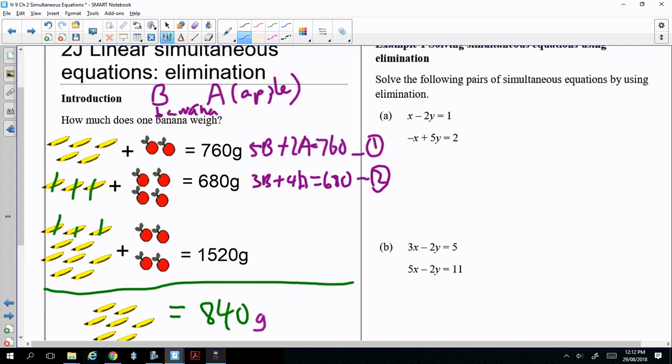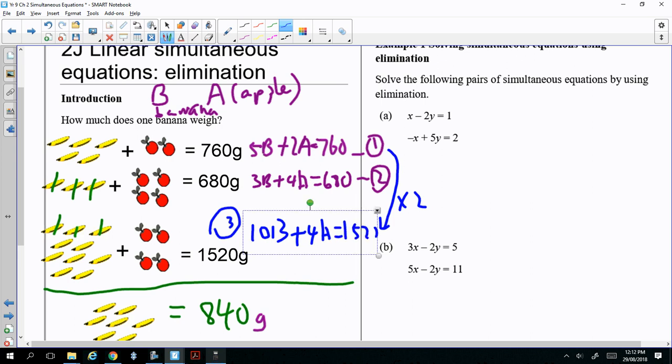What we're going to do is double equation 1, just like we doubled the number of apples. Now watch this, when I double this, what do I get? Times it by 2, I get 10 bananas plus 4 apples gives you 1,520, right?